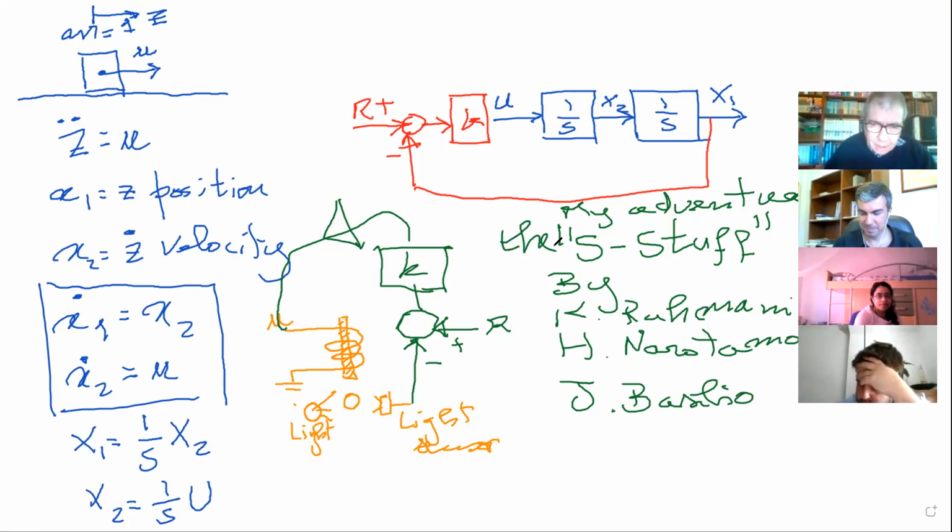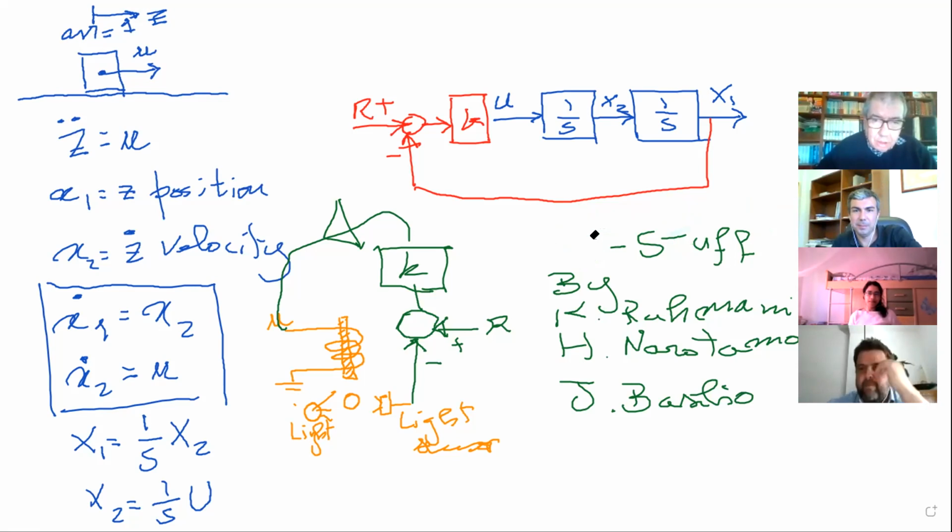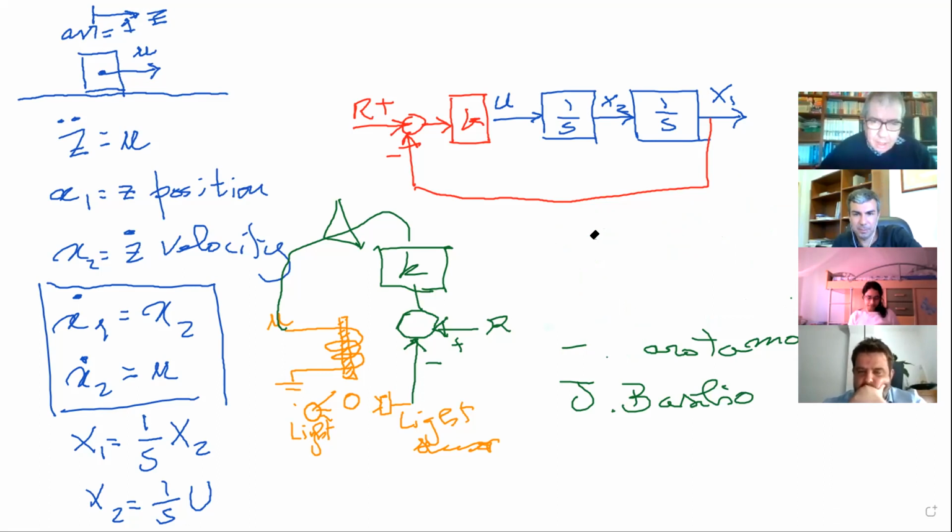Okay, I see that Jose is taking careful notes about this because this will be part of the exam. So we are equipped with the S stuff. Sorry to cancel your names. This is the first step for glory and fame.